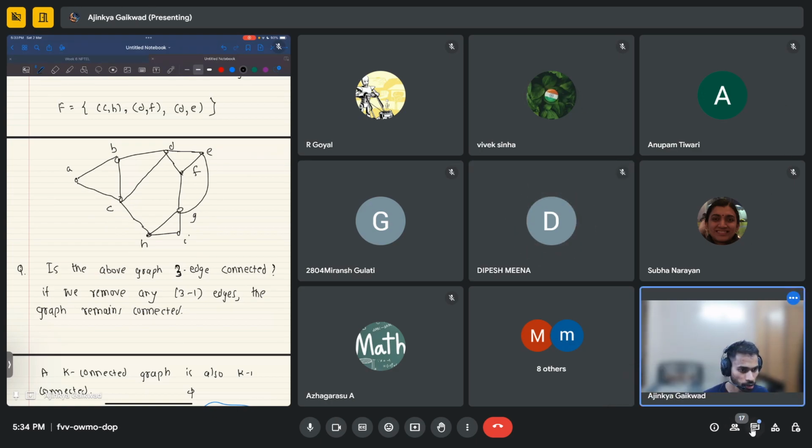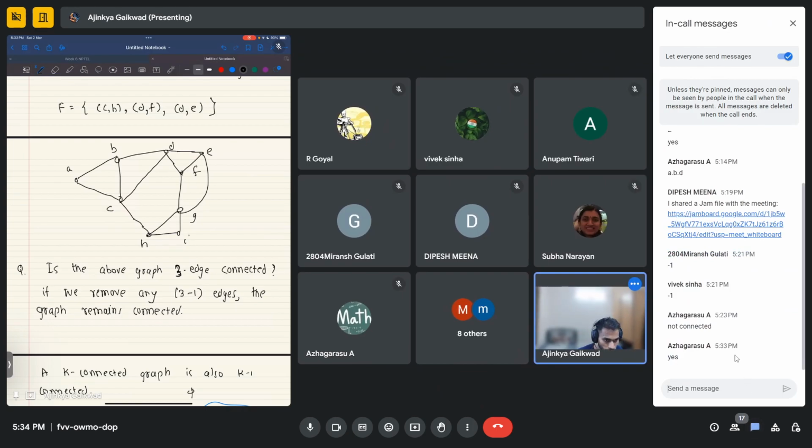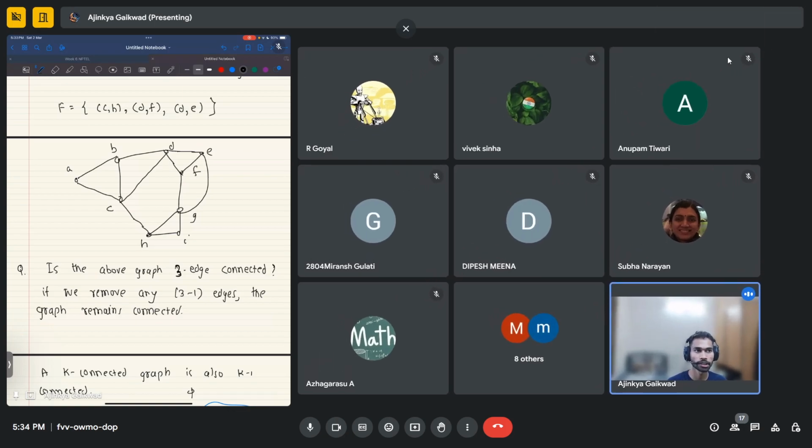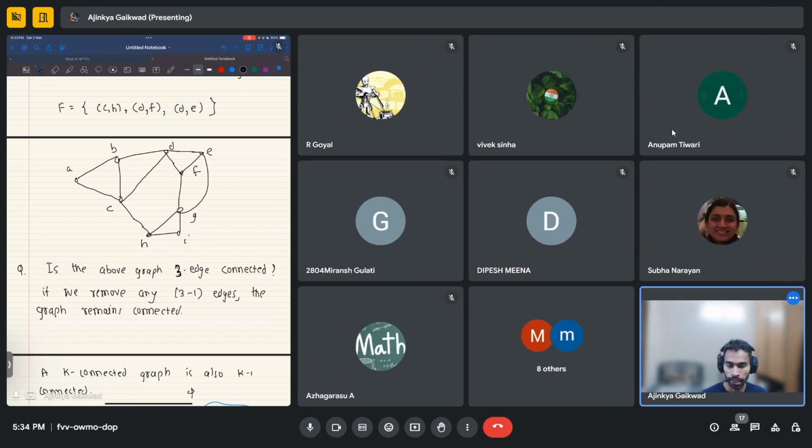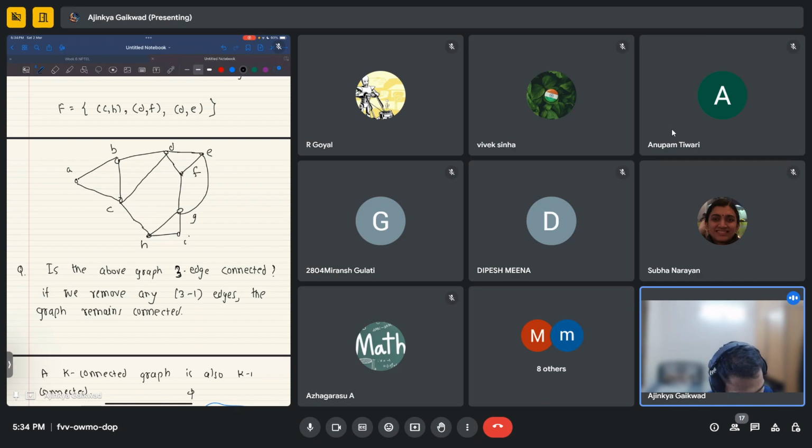So if I remove any two edges, the graph remains connected is a false statement, because if we remove AB and AC, the graph becomes disconnected. That means the graph is not 3 edge connected, right?